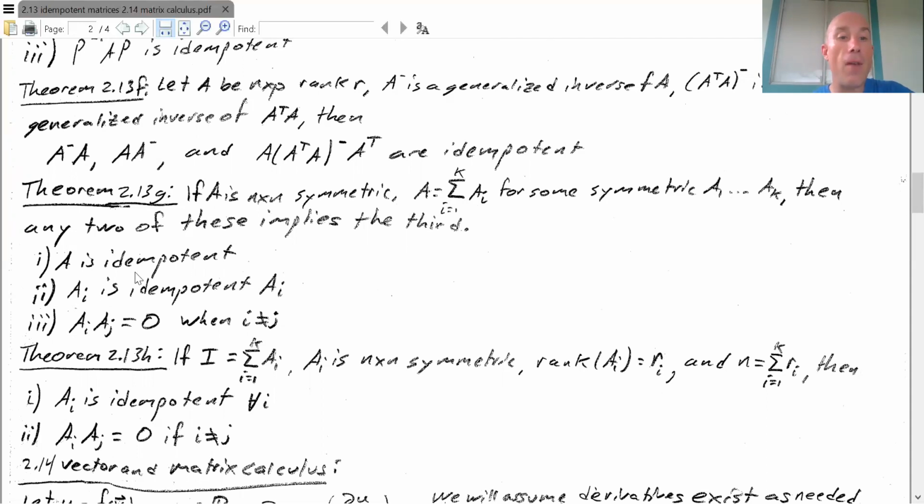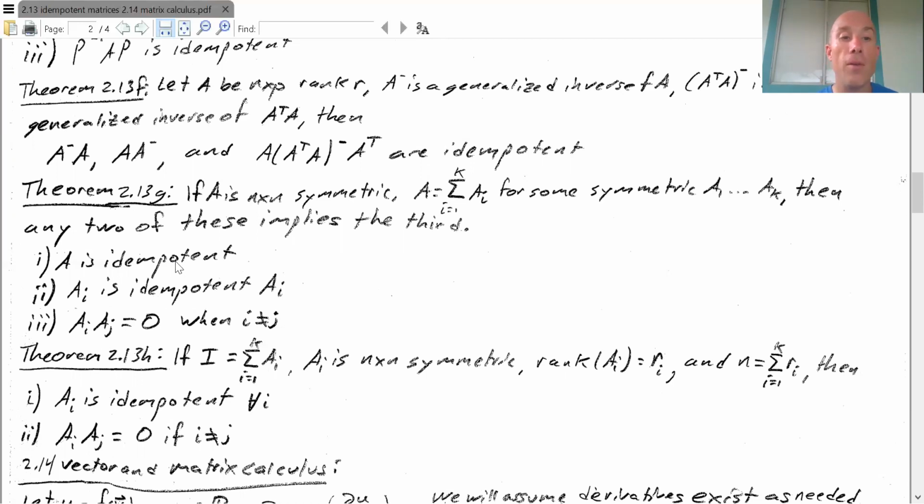A is idempotent. All of the addends are idempotent. And A_i times A_j is equal to 0 when i does not equal j. Any two of these imply the third one.